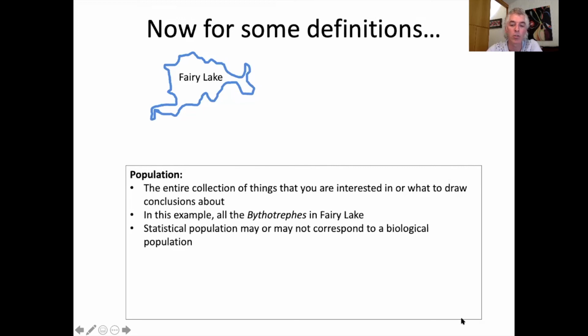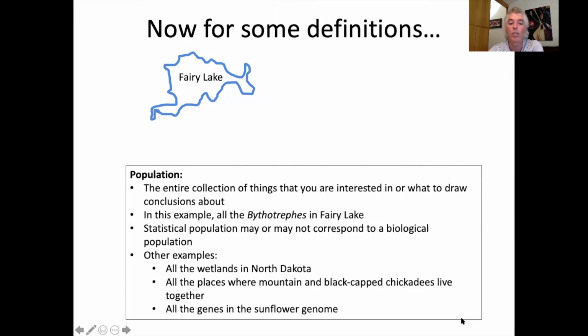We might be interested in trying to understand individuals or ecosystems or communities or individual genes or organelles. And so our statistical population could be at any of those biological levels, not necessarily corresponding to a biological population. So for example, we might be interested in all of the wetlands in North Dakota, or all of the places where two species of chickadees live together, or all of the genes in the sunflower genome.